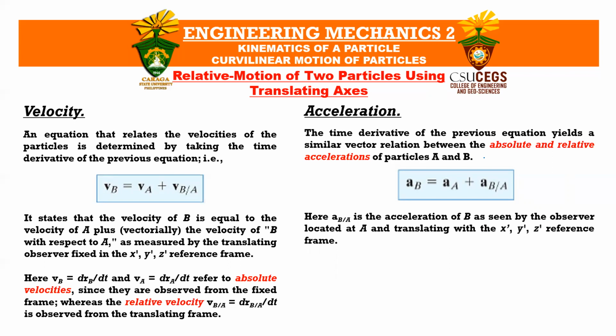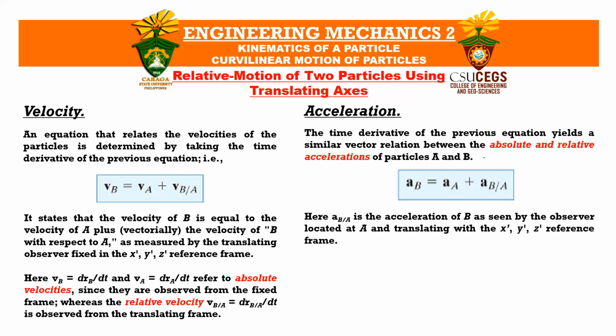That is vector v of B is equal to vector v of A plus vector v of B relative to A, which states that the velocity of B is equal to the velocity of A plus, vectorially added, the velocity of B with respect to A as measured by the translating observer fixed in the x prime, y prime, z prime reference frame.